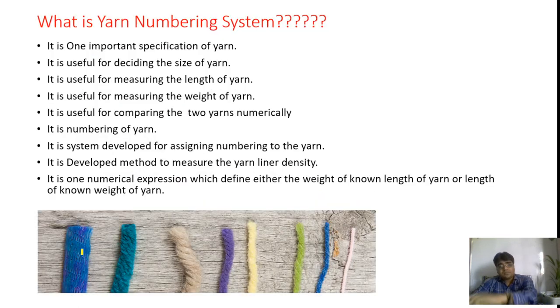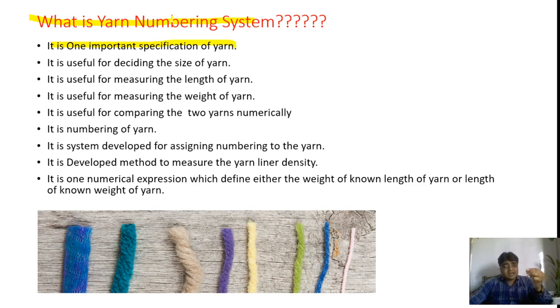Okay, now let us come to the yarn numbering system. It is one important specification of the yarn. We have seen in the case of mobiles, scales, and t-shirts that every product has a specification.